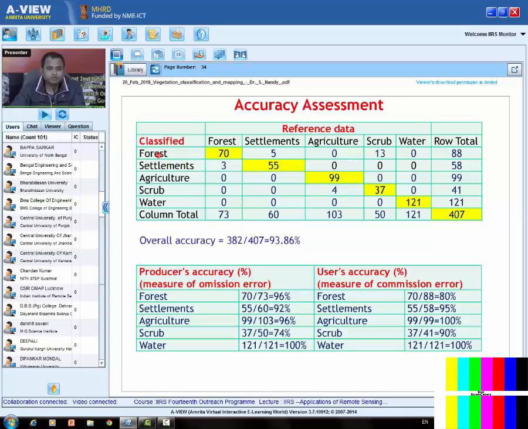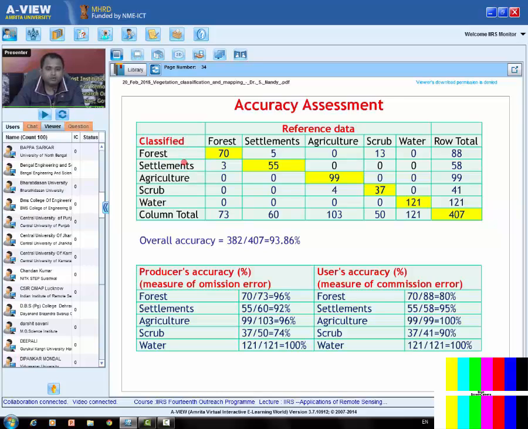Out of 88, 70 fell in forest, 5 in settlement, and 13 in scrub. Likewise, for settlements, out of 58, 55 are correct and 3 in forest. In agriculture, all 99 fell in agriculture only. So this is the reference data, meaning the field data after field verification, and this is what I have classified.